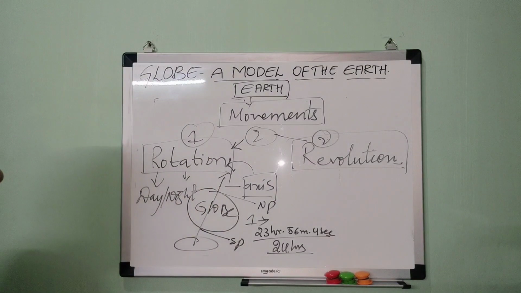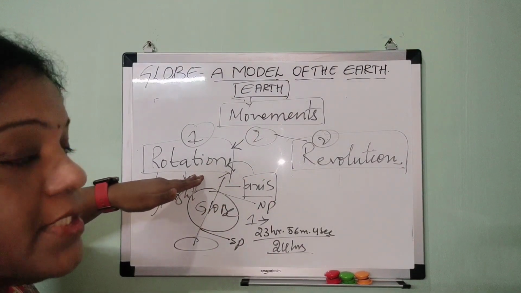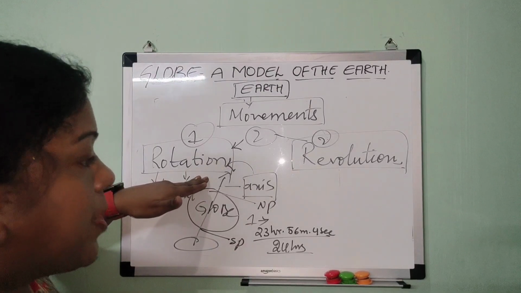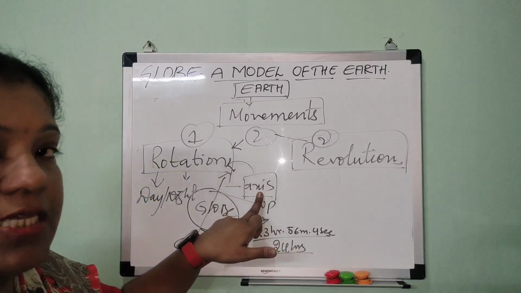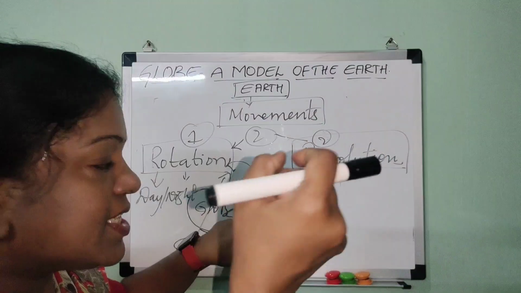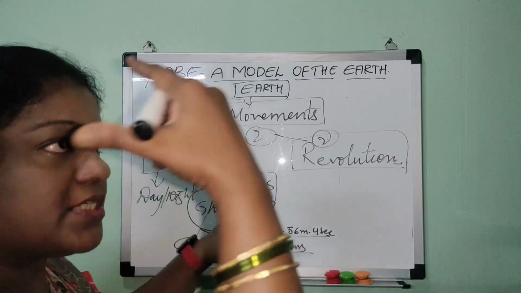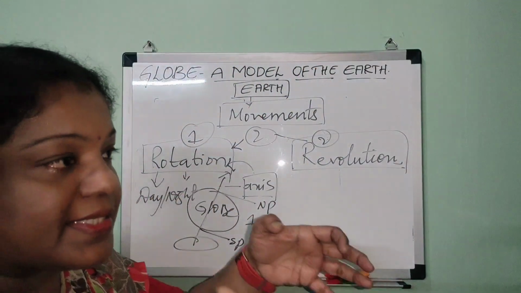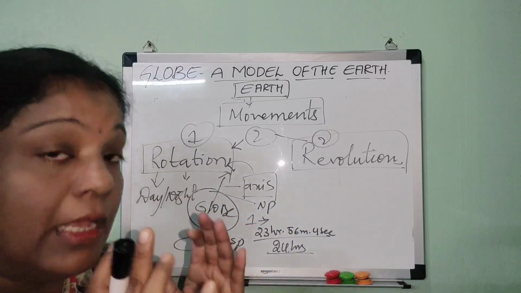So, how are you going to explain the first rotation here? The first movement of the earth is rotation. This movement is possible due to the support of axis, which is defined as an imaginary line passing through the center of the globe, assumed as a needle-like structure connecting two endpoints of the earth, North Pole and South Pole, allowing the earth to move on its own, which helps in completing the rotation.